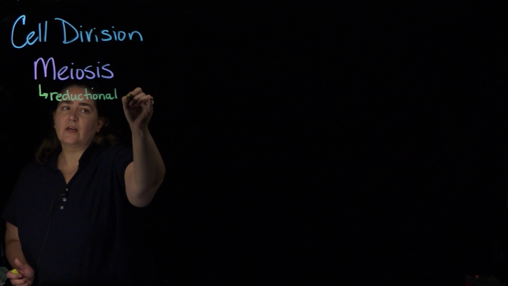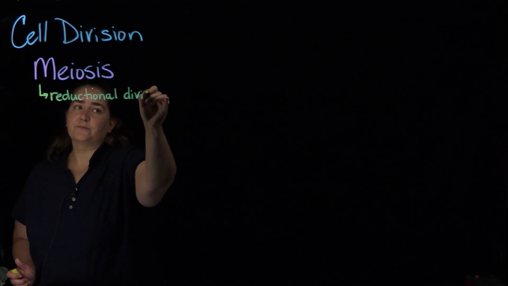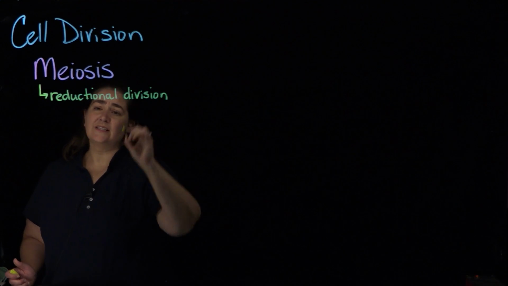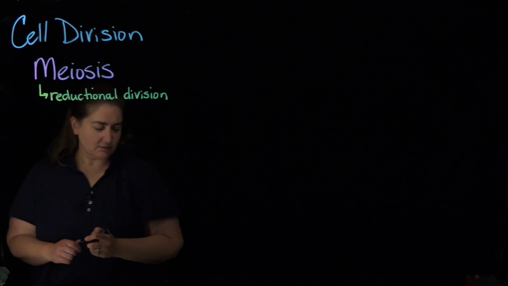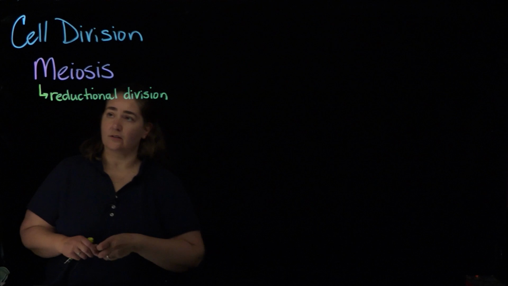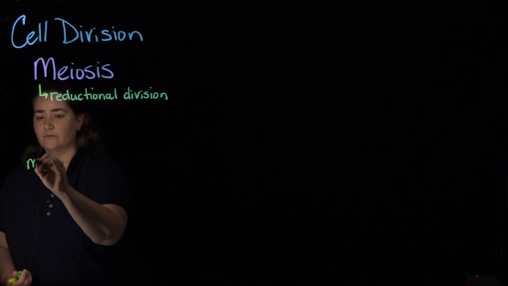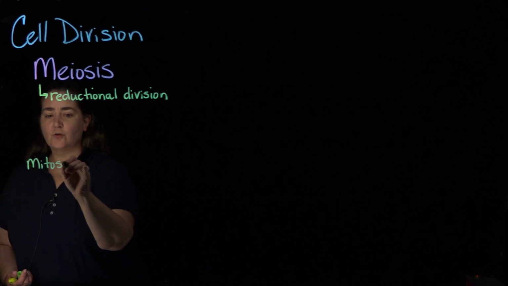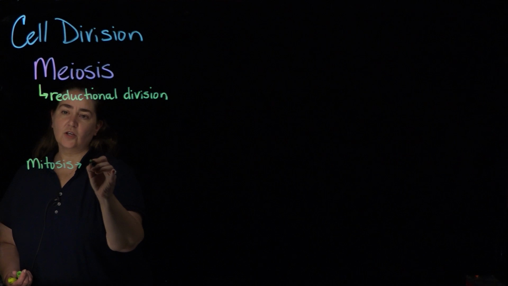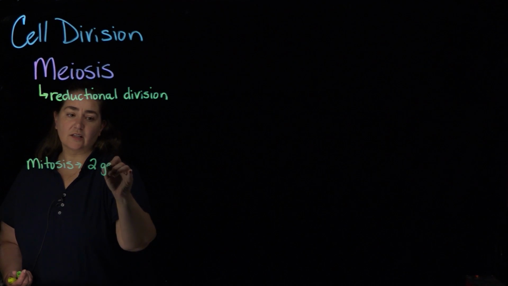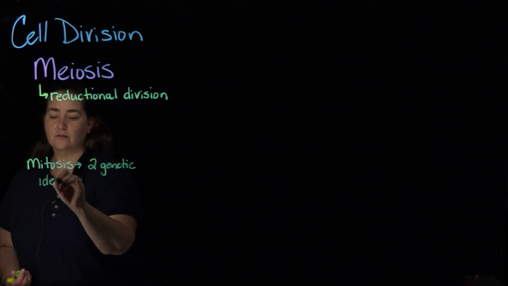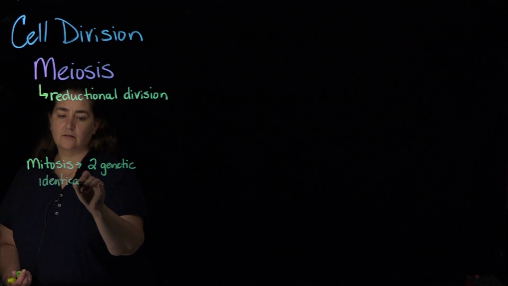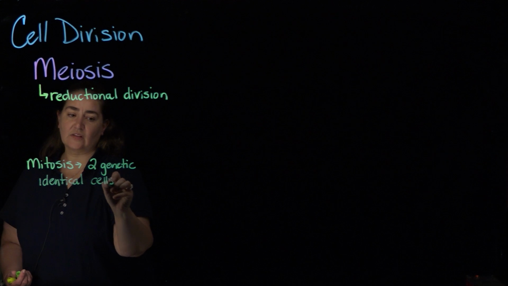is we're going to have a reductional division in there that we didn't have with mitosis, okay? Because, let me put it in a different color. I used green for mitosis before, okay? Mitosis, you end up with two genetically identical cells, okay?